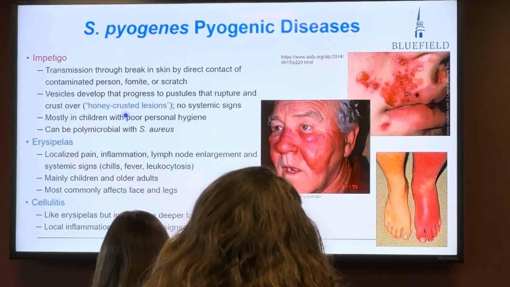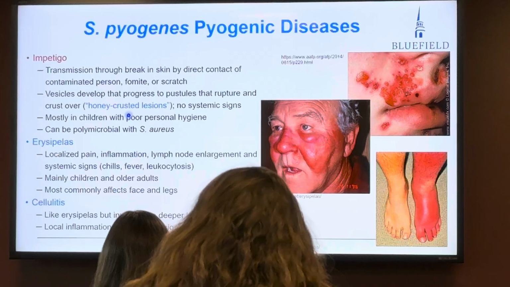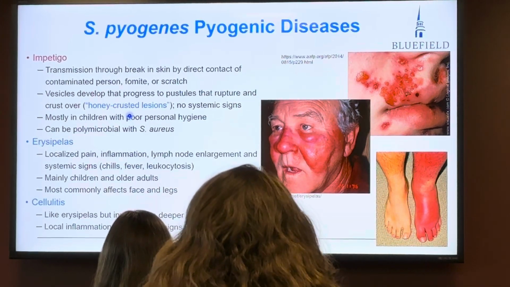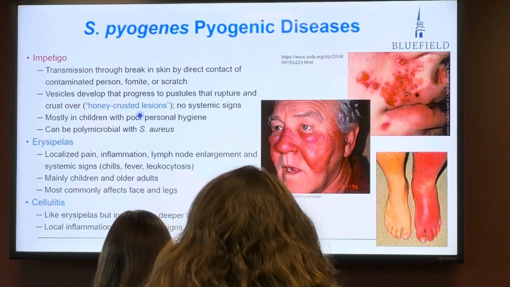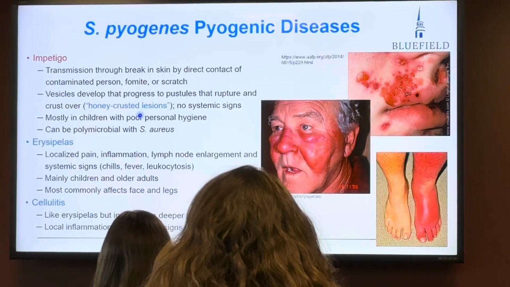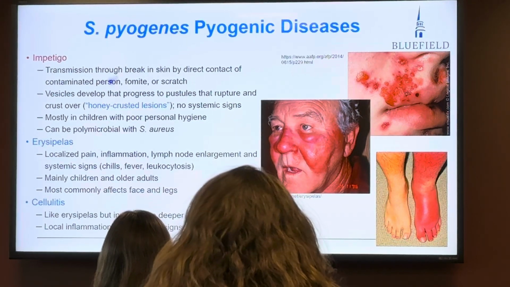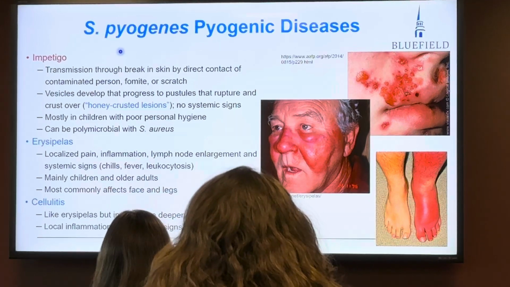As soon as you see something with a little kid, this most often occurs in kids 7 and under, honey crusted lesions, especially around the mouth, upper body, that's impetigo, and that is your bacterial infection, right? Whether it's Staph aureus or Strep pyogenes.